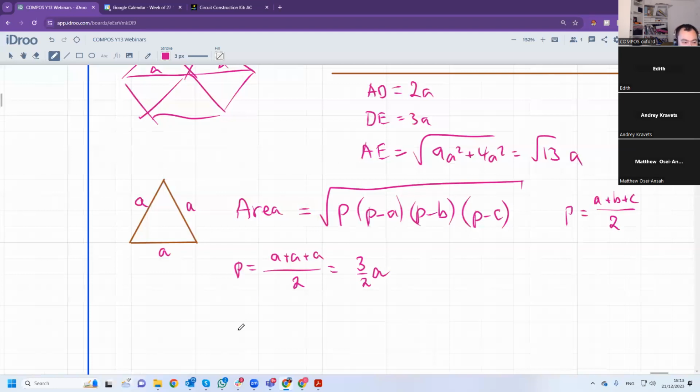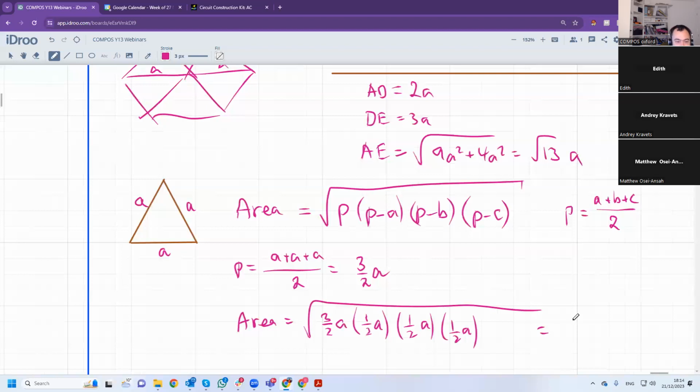And then area is equal to the square root of p, which is 3 over 2 a, multiplied by p minus a, which is 3 over 2 a minus a, which is half a. And this is a half a, and this is a half a.